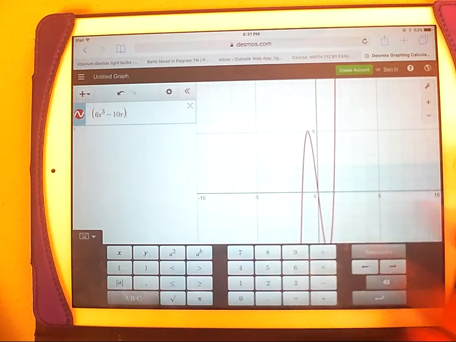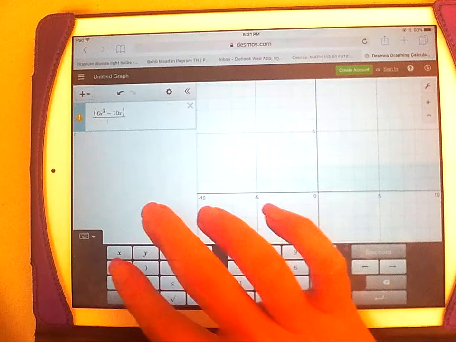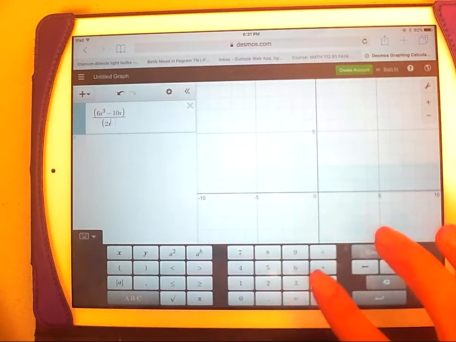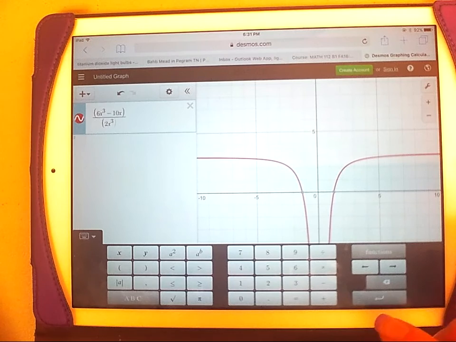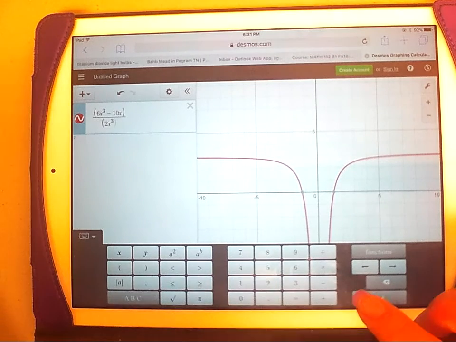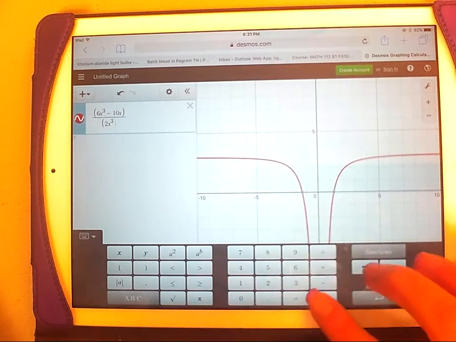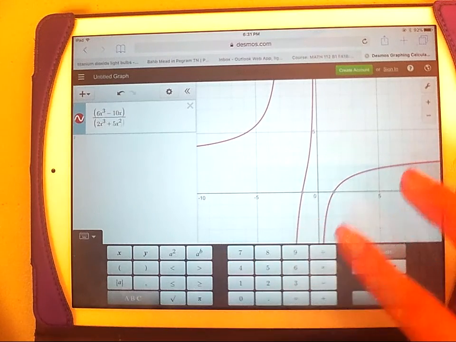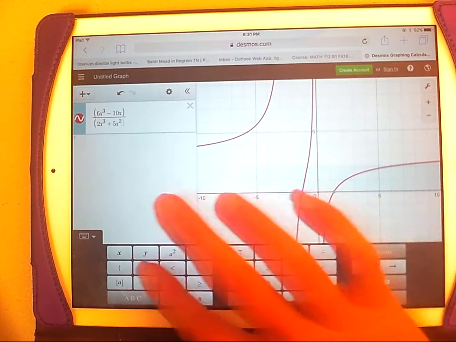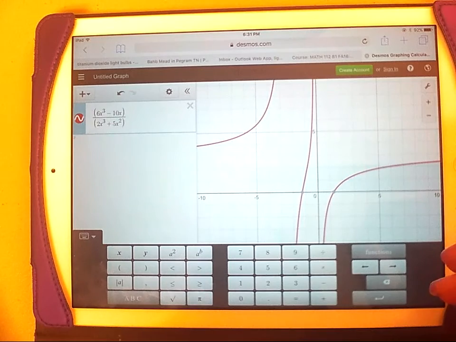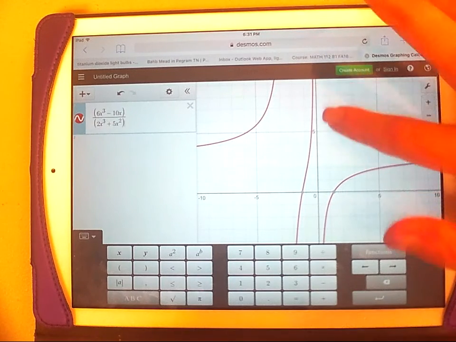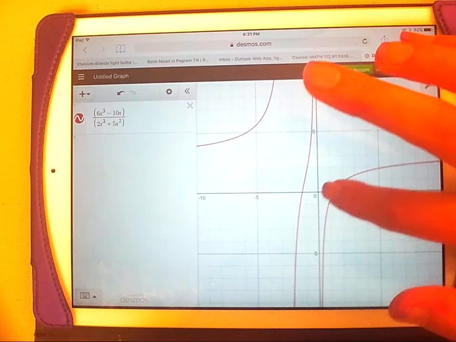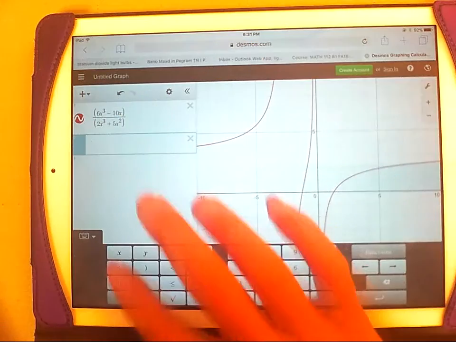Now we're going to divide that by 2x cubed plus 5x squared. And close that. Yeah, and so from here we can see that because the x still hangs out, and it was repeated, there will be a vertical asymptote at the line x equals 0.